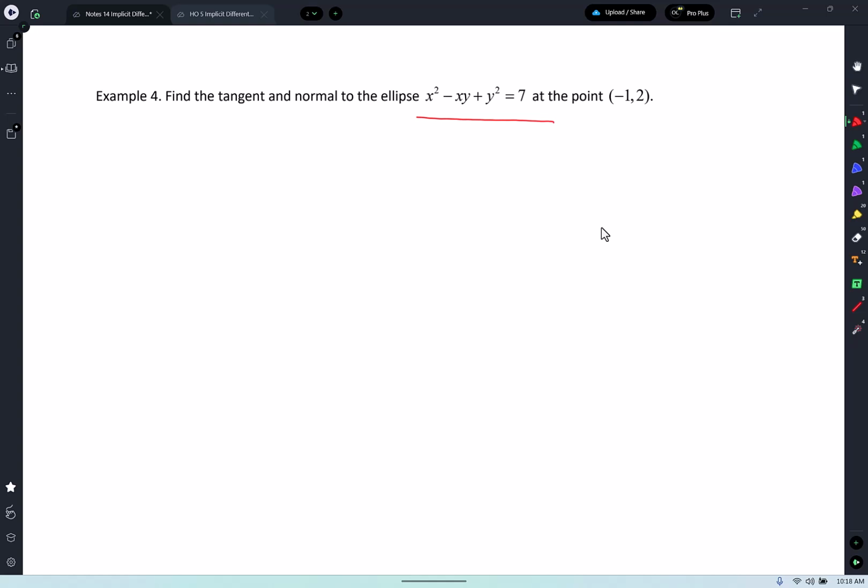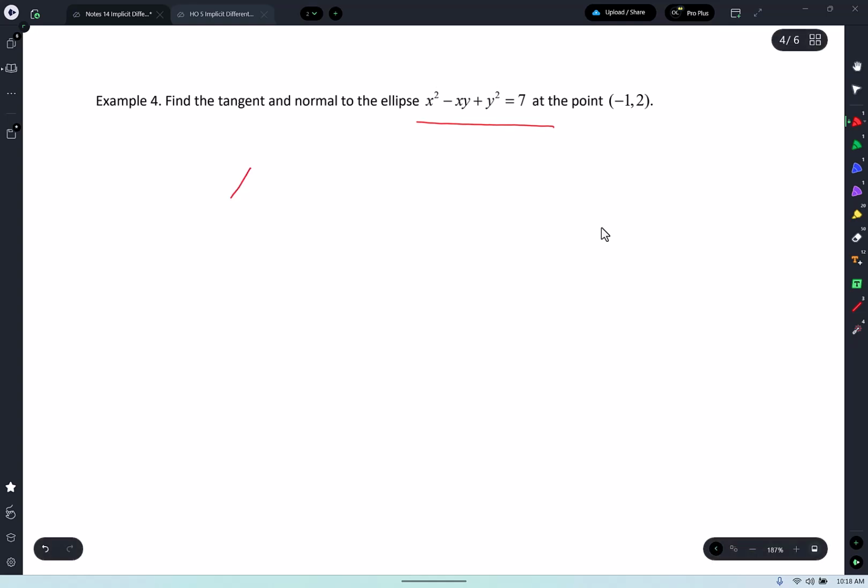So I start by writing out the expression: x squared minus xy plus y squared equals 7. I'm going to take the derivative with respect to what letter? X. What's the derivative of x squared? 2x.